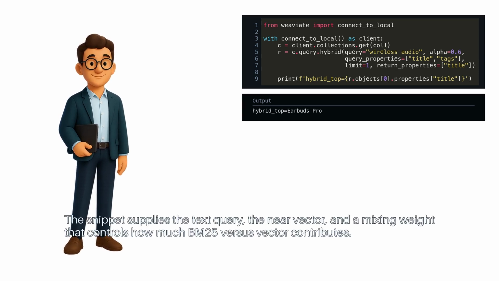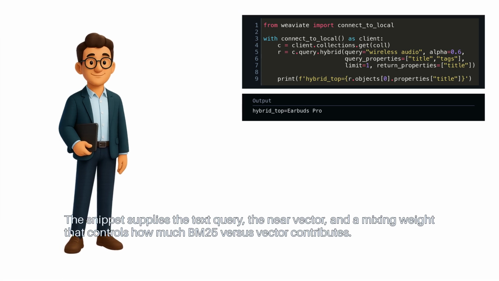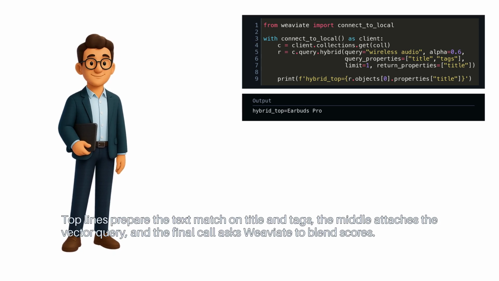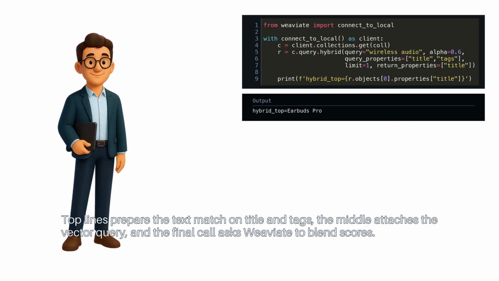The snippet supplies the text query, the near vector, and a mixing weight that controls how much BM25 versus vector contributes. Top lines prepare the text match on title and tags. The middle attaches the vector query, and the final call asks Weaviate to blend scores.